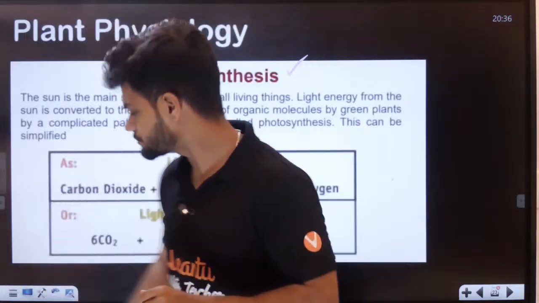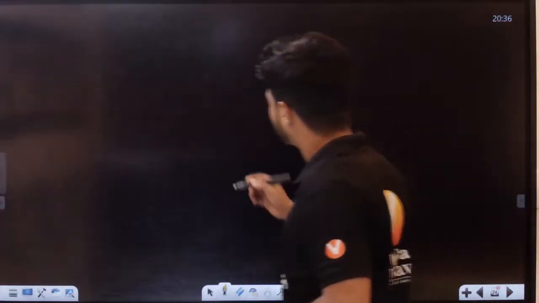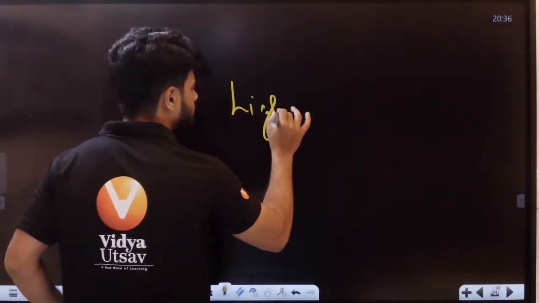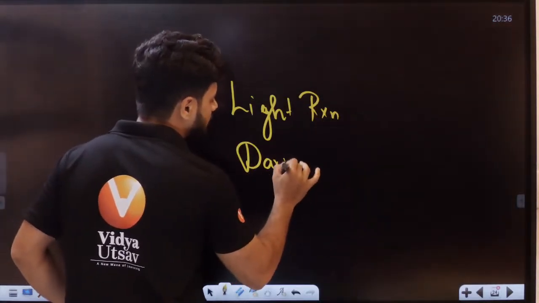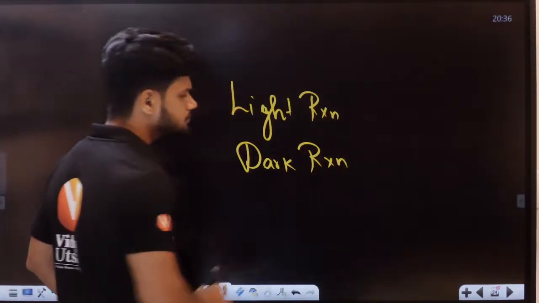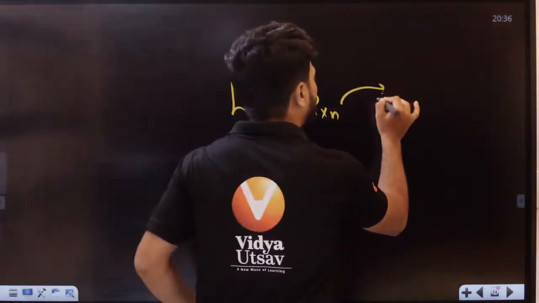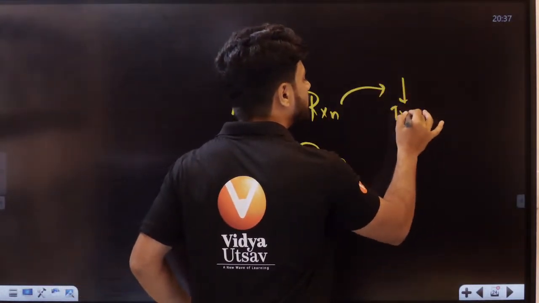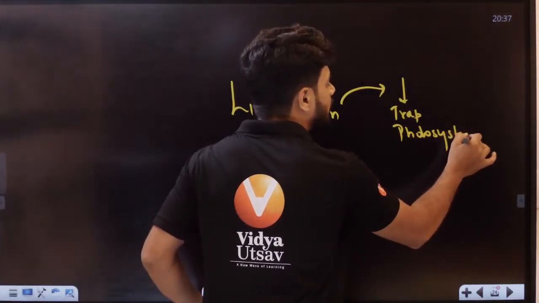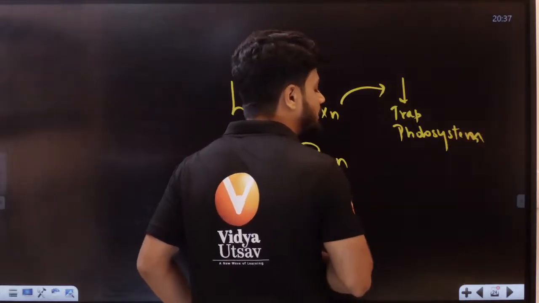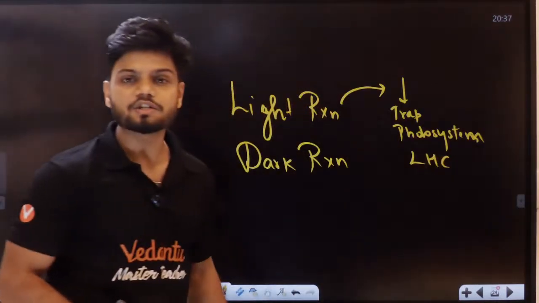As food here. Now, students, all of you should know there is something called the light reaction and the dark reaction. Both are very important. In light reaction, I'll be teaching you how the plants trap the light. We'll be talking about photosystems and LHC, light harvesting complexes.